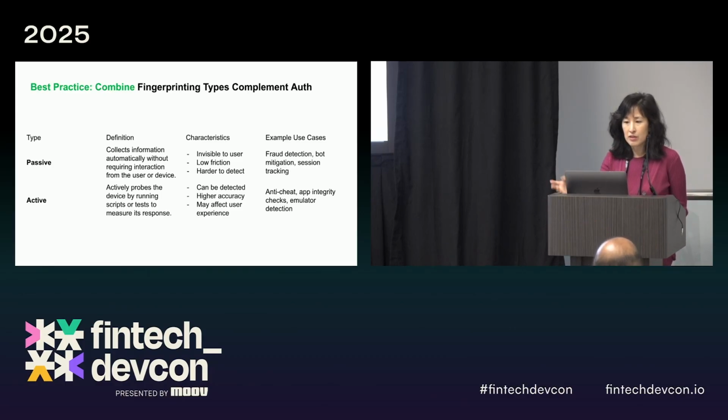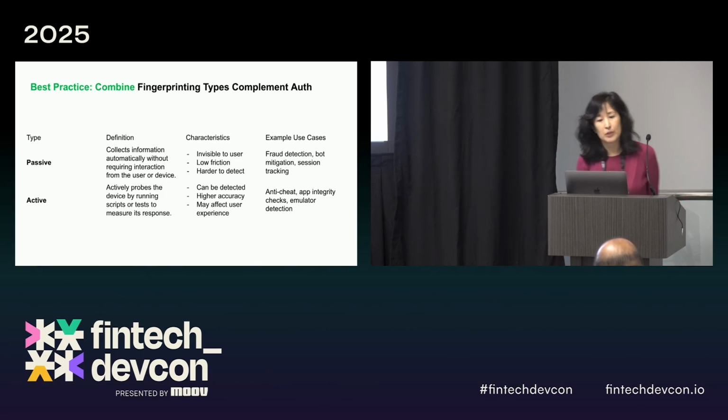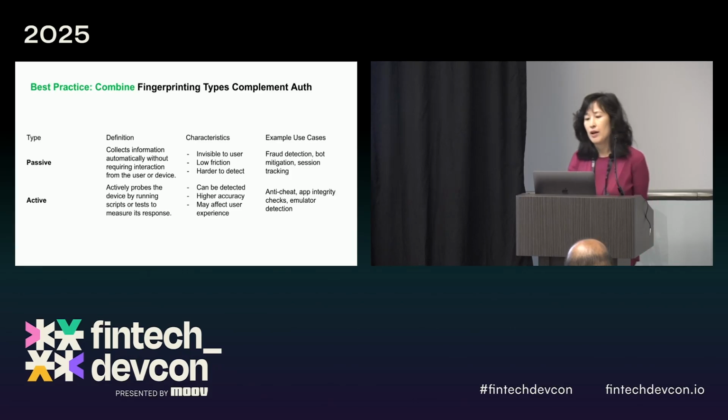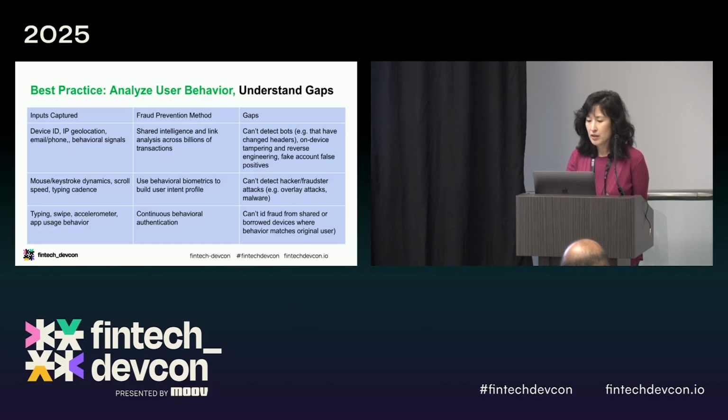The good thing is it's invisible to the user, it's low friction, it's mainly for fraud detection, bot mitigation, and so forth. Active fingerprinting is where you're actively probing the device, so you're running scripts or you're doing some tests like CAPTCHA, but the challenge is it may affect the user experience. The good thing is it does have higher accuracy, and is often used for things like emulator detection, app integrity checks, and so forth.